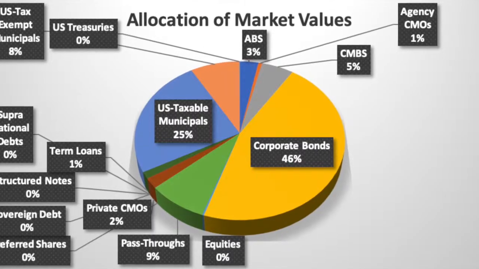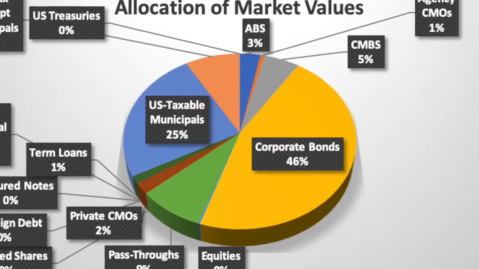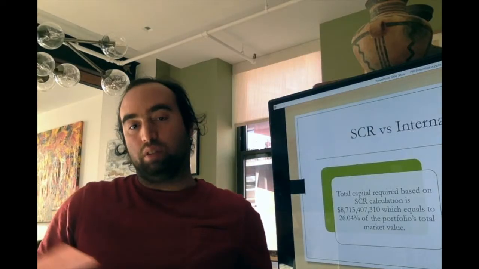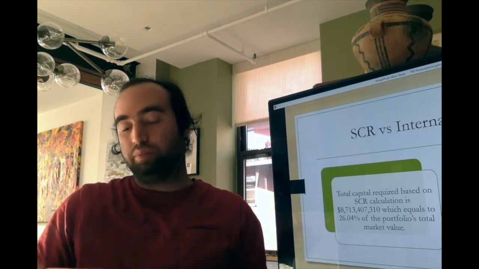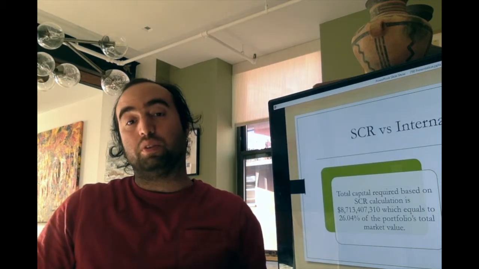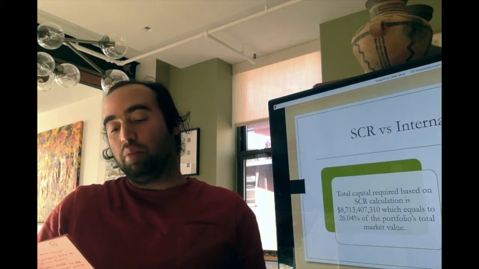And in these subsidiary portfolios, for example, 46% consists of corporate bonds, which is the biggest share, and 33% is municipals, and 9% is pass-throughs.